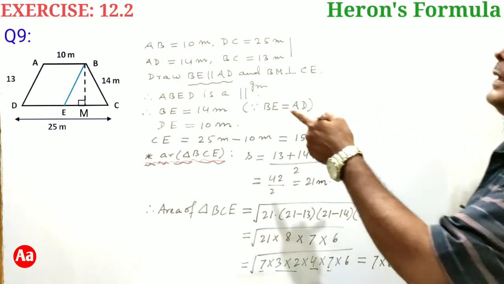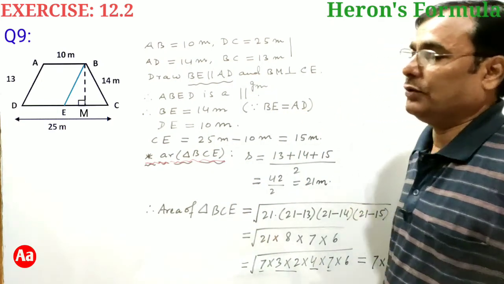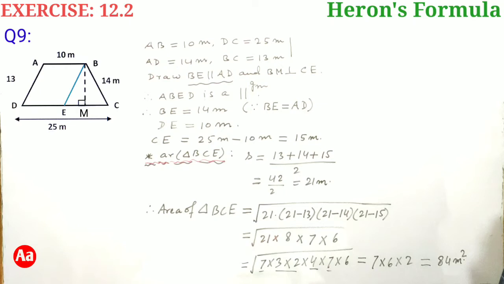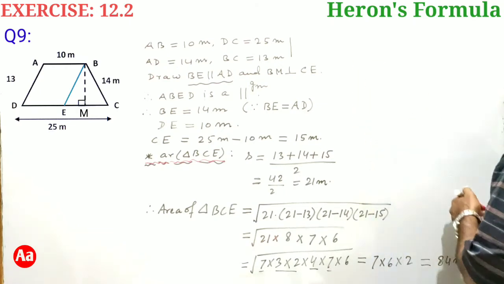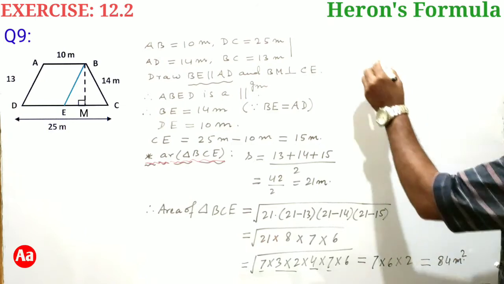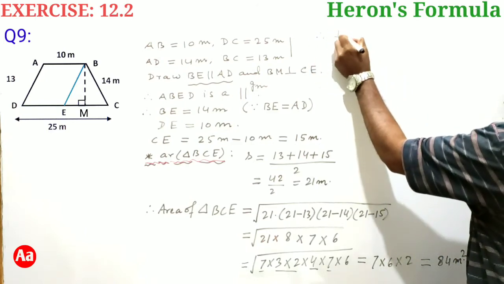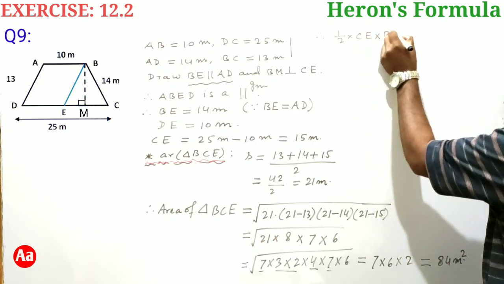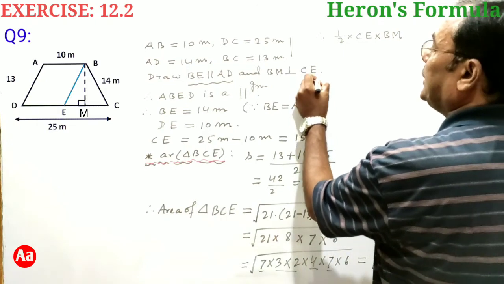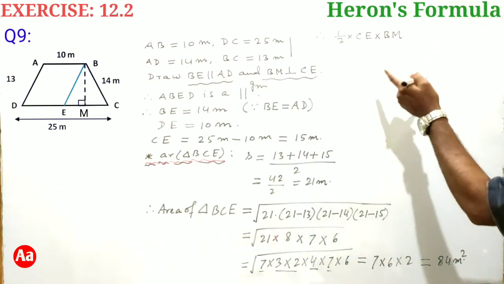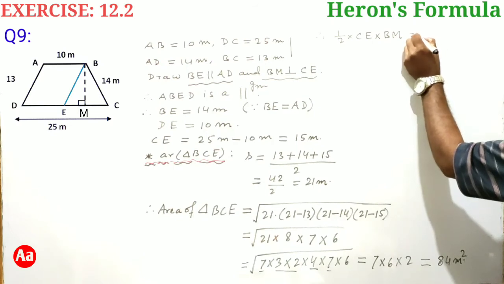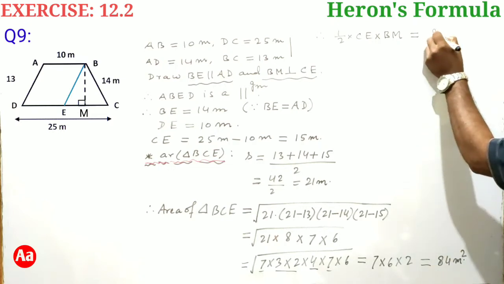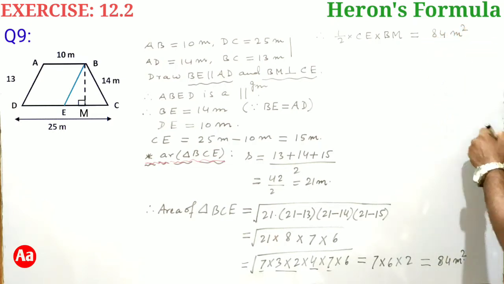Now this area of triangle BCE we are going to write half into base CE into altitude BM. So half into base CE into height BM, as we have drawn BM perpendicular to CE. So BM is going to be altitude or height of the triangle BCE, whose area is equal to 84 meter square.